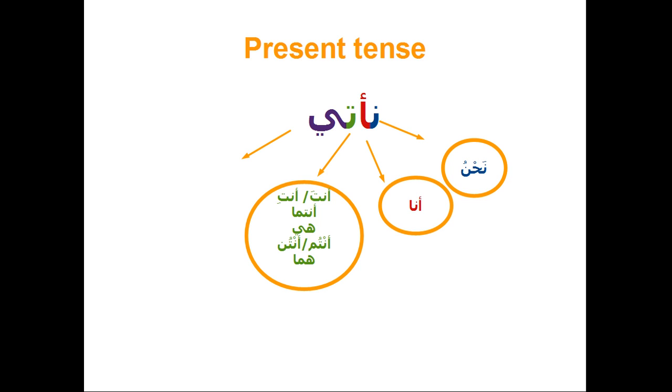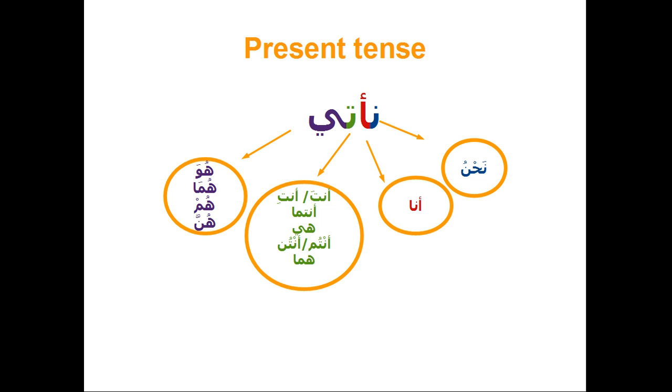So it starts with تاء when it comes with any pronoun that represents you, or feminine pronouns like هي and هما. The verb starts with ياء when it comes after هو, هما, هم, هن.